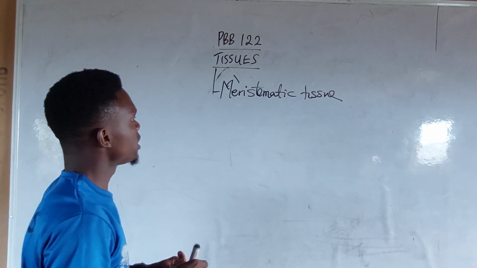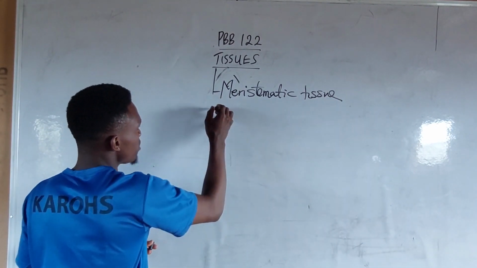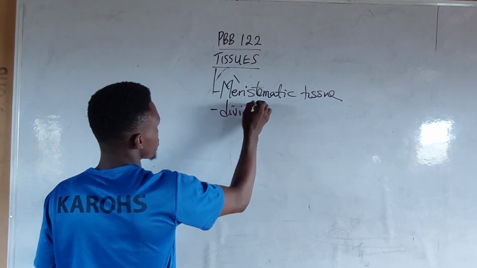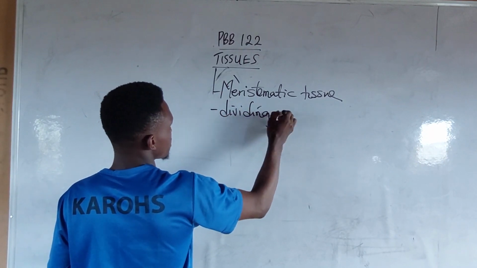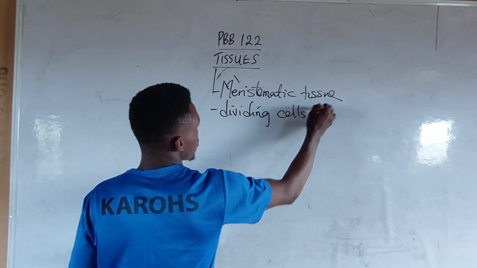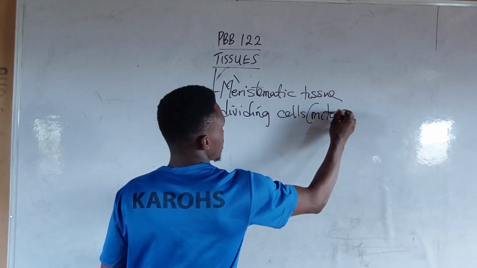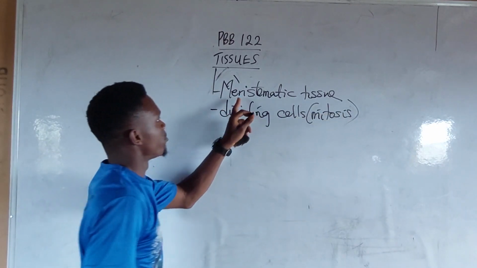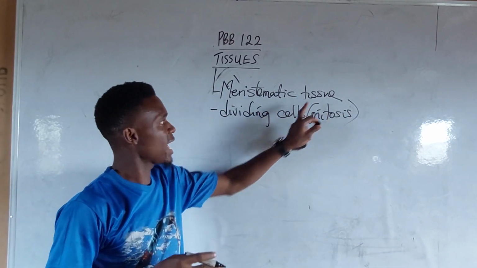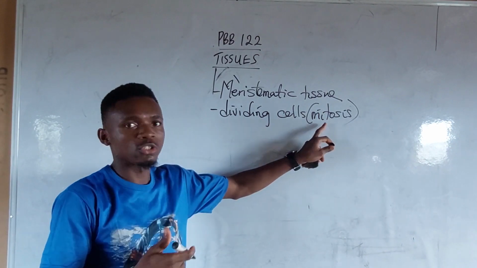Now, meristematic tissues are made up of what? Dividing cells. They are made up of dividing cells that undergo what? Mitosis.